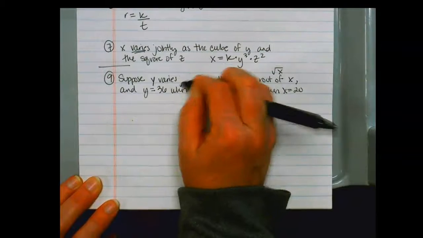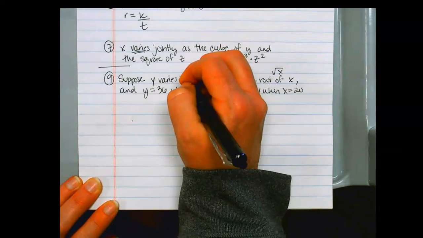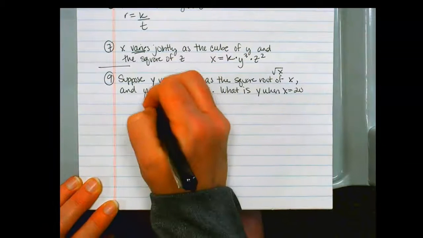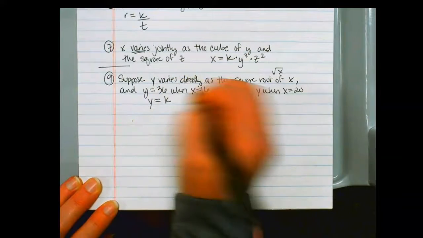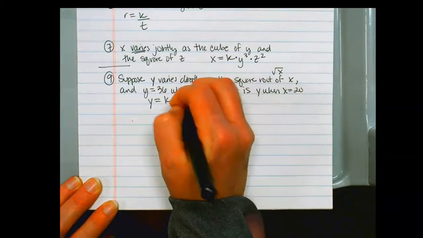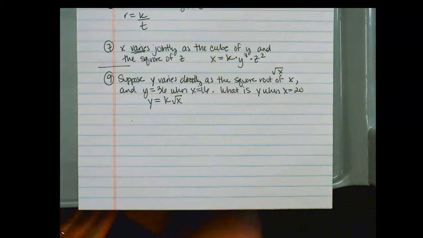Sorry, I was looking at a different problem. I was looking for another variable since I wrote jointly. So directly. Y varies means equals k times, we've already translated the square root of x into math, the square root of x. So this is the setup for the problem.